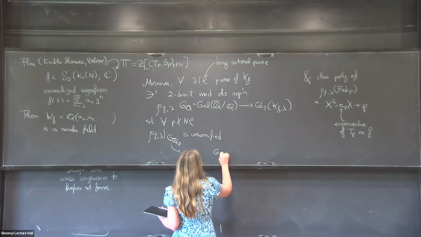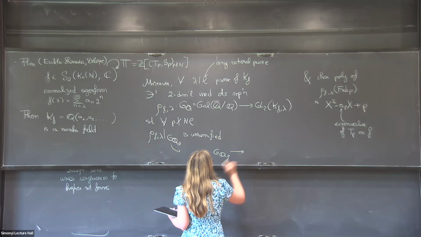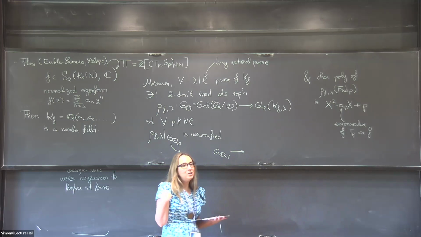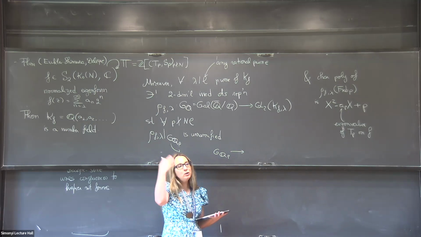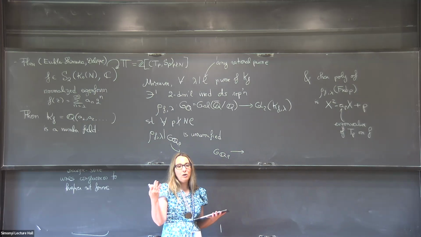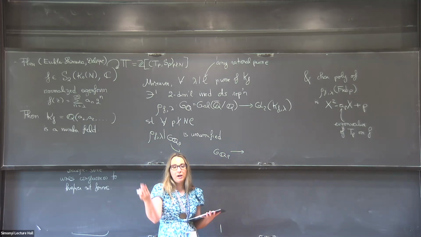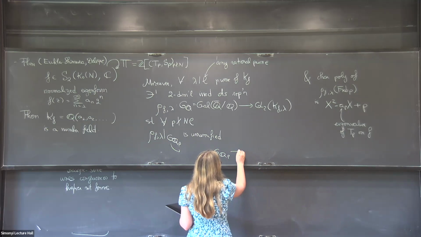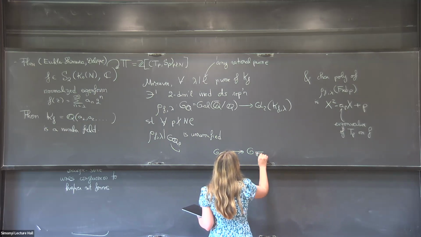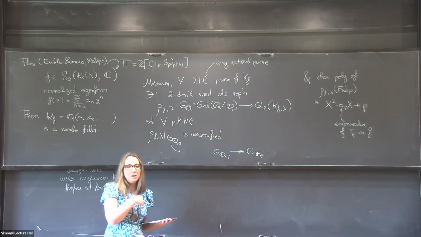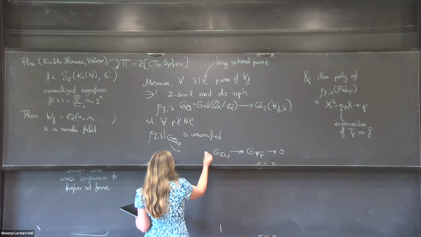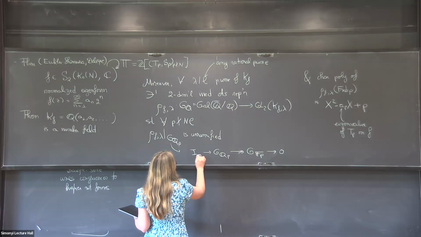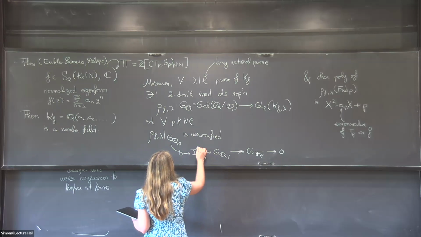So if you act by an element of the absolute Galois group of QP, that induces an action on QP bar, and that also induces an action on FP bar, an algebraic closure of the residue field. So there is a map, which is actually a surjection, from the absolute Galois group of QP to the absolute Galois group of FP. And the kernel of this map is called the inertial subgroup at P.